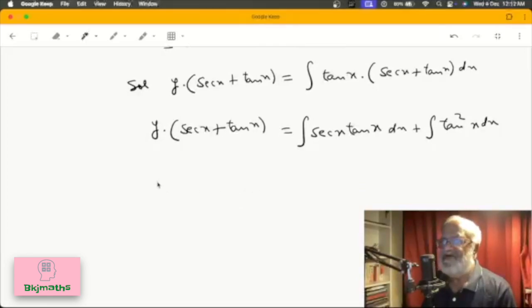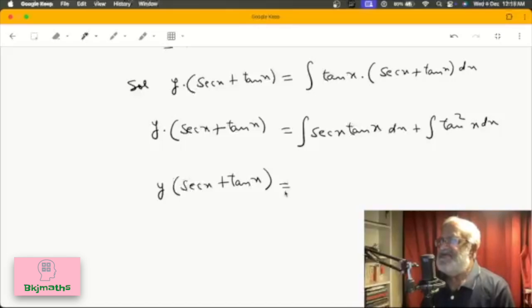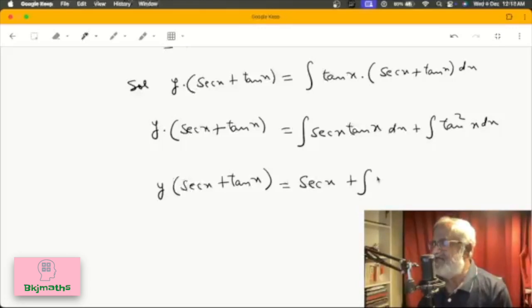So y into sec x plus tan x equals to integration of sec x into tan x, which is sec x, plus integration of tan square x. So write down tan square x as sec square x minus 1. Now it is integrable.